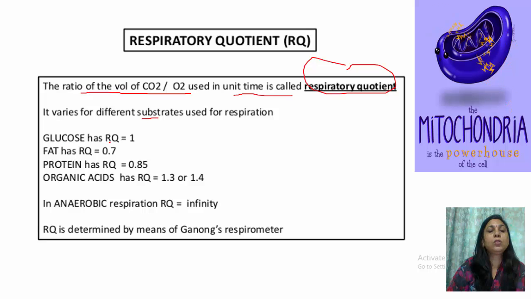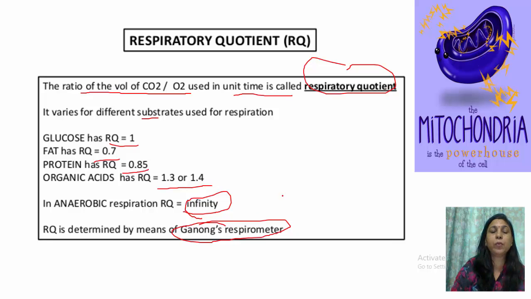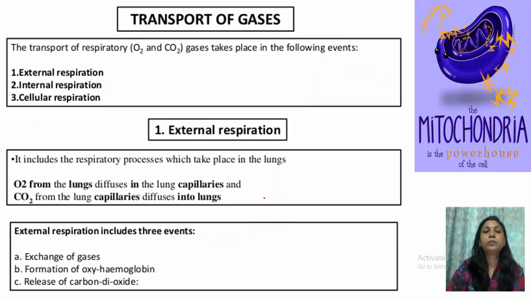So for glucose, the RQ is 1, fat has 0.7, protein has 0.85, and organic acids have 1.3 or 1.4. In anaerobic respiration, RQ is infinity. RQ is determined by means of Ganong's respirometer, whatever you may call it. Now the transport of gases.